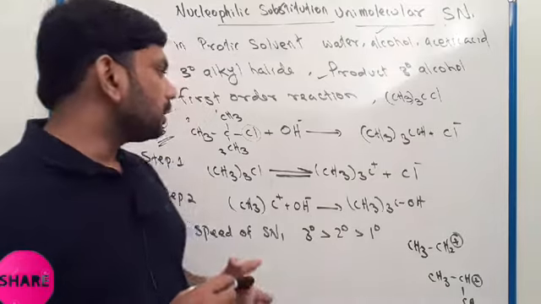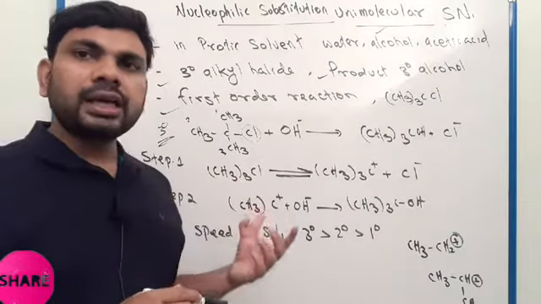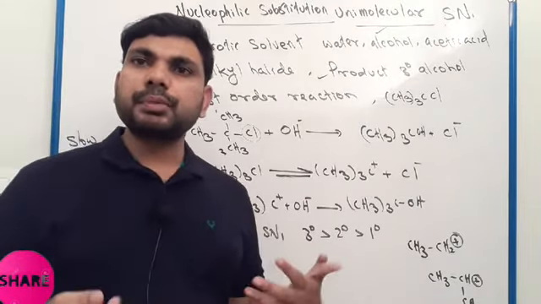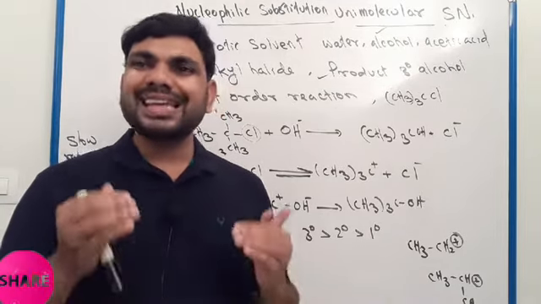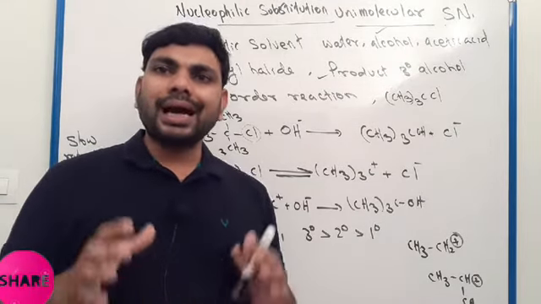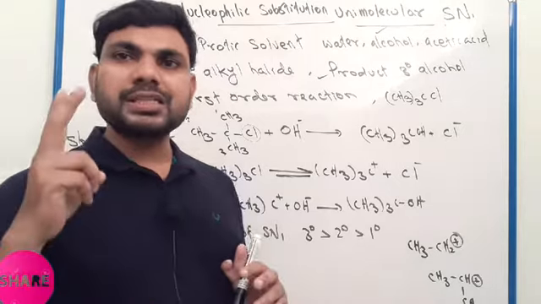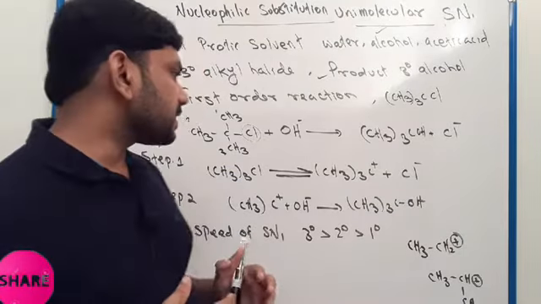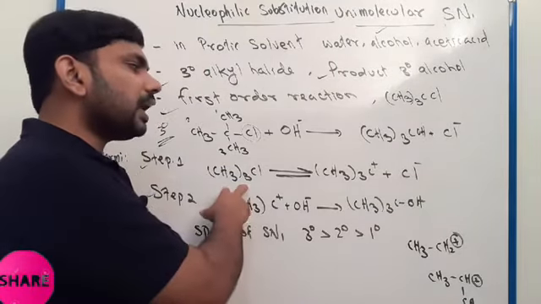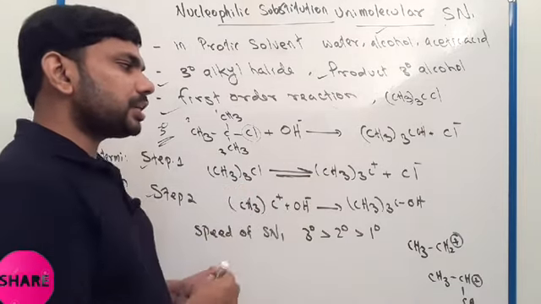So here tertiary alkyl halide reacted with OH minus produced tertiary alcohol. It is the SN1 mechanism, and this chemical reaction takes place in 2 steps. First step, tertiary alkyl halide changes to tertiary carbocation.